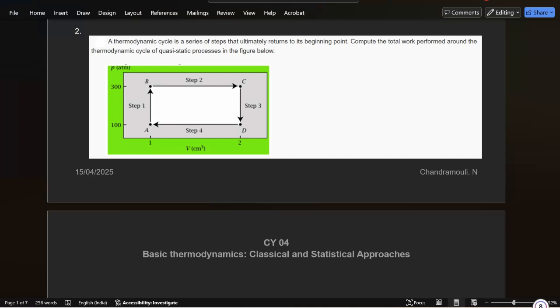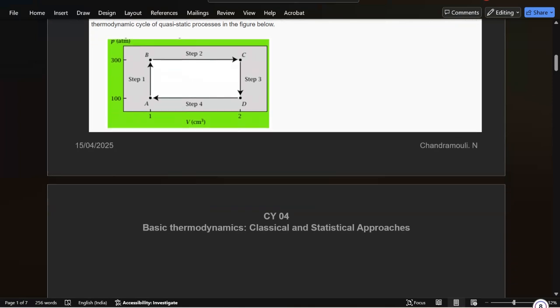You tell me the two ways that we can do. First, what is the work done formula?